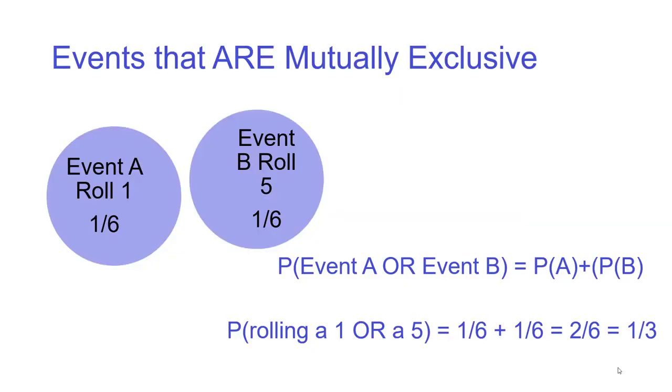Now, events are mutually exclusive if, when you draw them as a Venn diagram, they don't overlap with each other. So the probability of event A or event B equals the probability of A plus the probability of B. So the probability of rolling a 1 or a 5 equals 1/6 plus 1/6 is 2/6, which is a third.